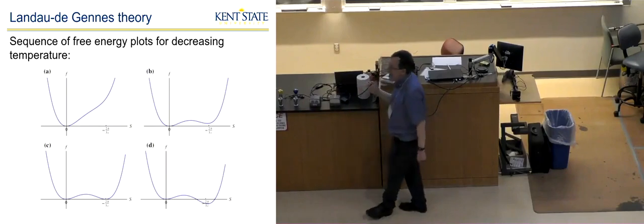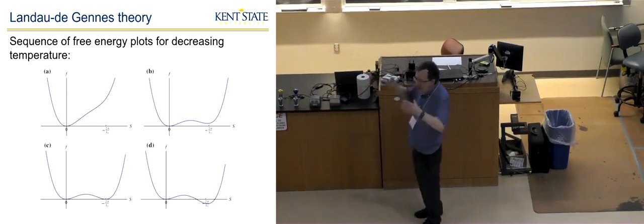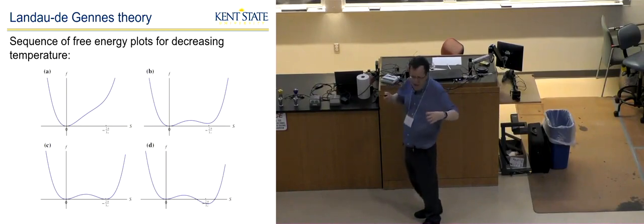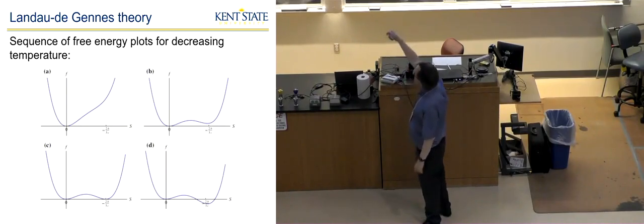Now, suppose we reduce the temperature so that the quadratic coefficient is still positive, but not so big. In that case, the function has a minimum at 0, then the quadratic piece makes it go up, the cubic piece makes it go down, the quartic piece makes it go up again.